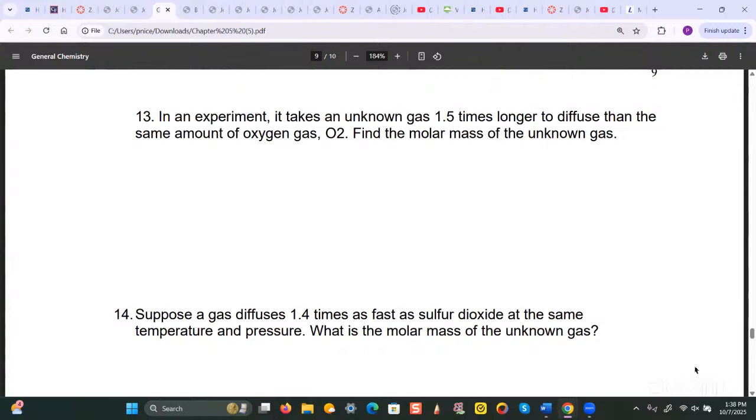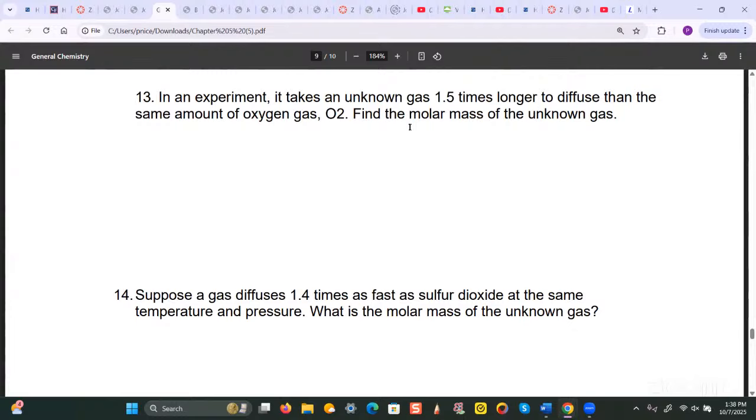Now, let's remind ourselves of what Graham's law of effusion says. It says that the rate of effusion of a gas is not equal to, but proportional to the square root of 1 over the molar mass of that gas. Now, in this particular case, we don't know what the gas is. It's an unknown gas, and we're comparing it to oxygen, which is a known gas.